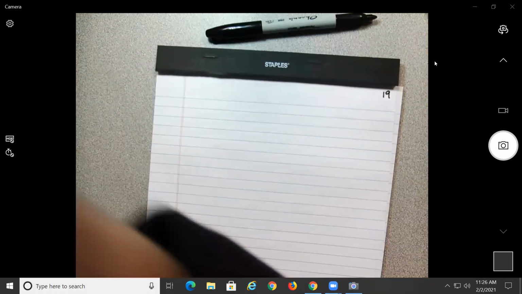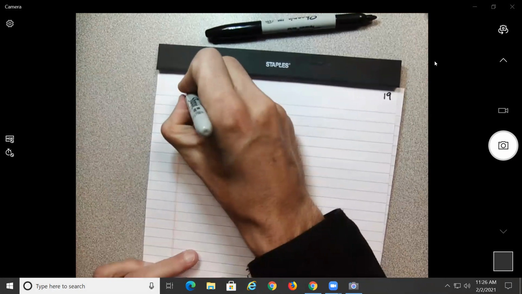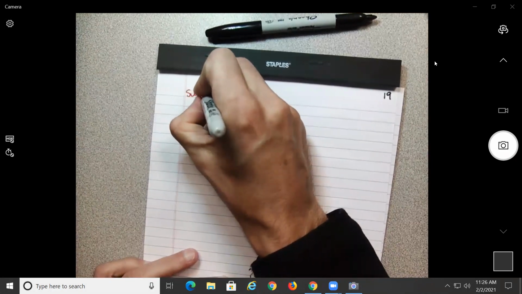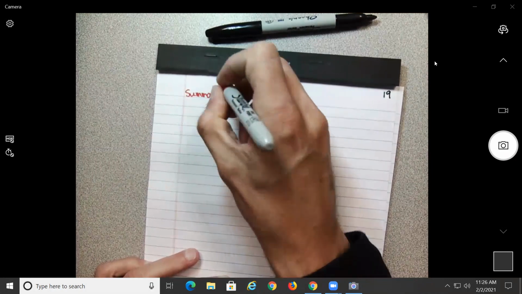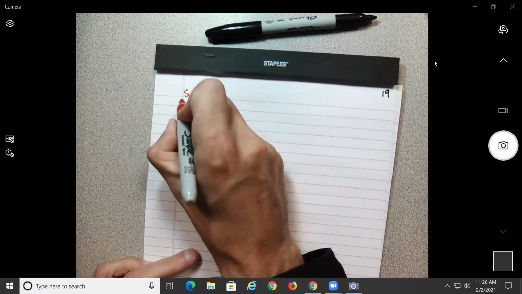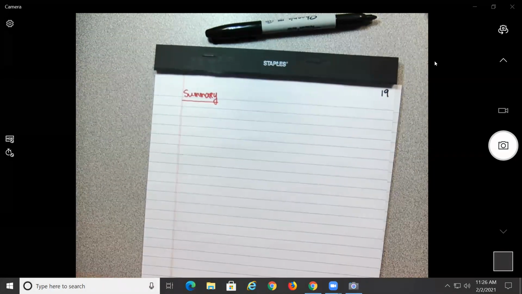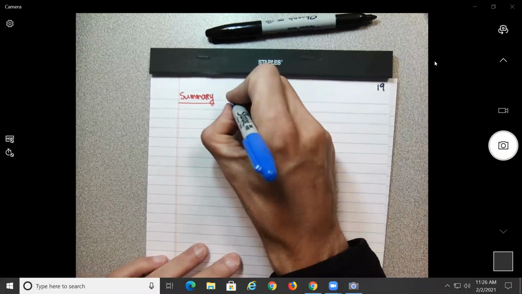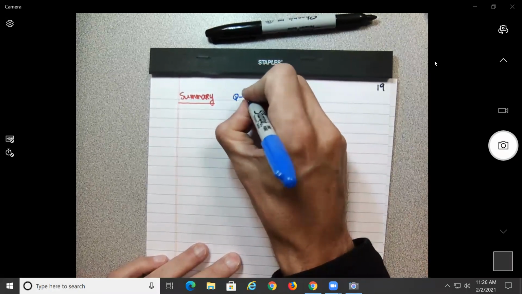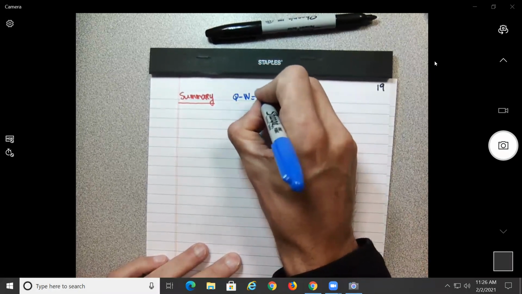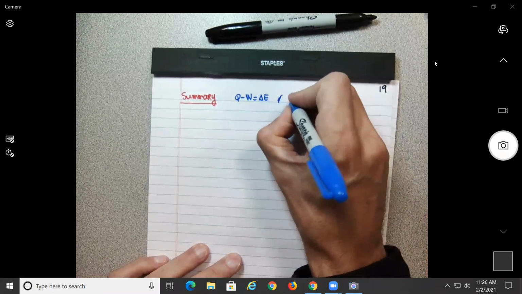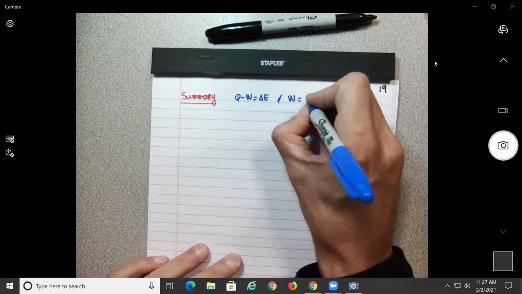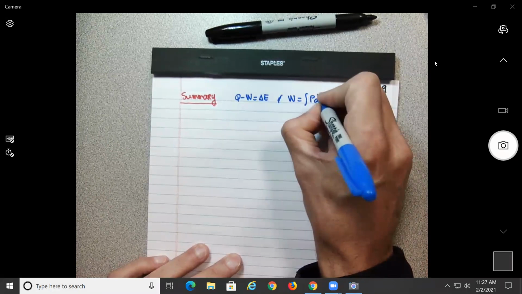So summary of equations so far. So far, really the only two equations that you need to memorize are Q minus work equal to change in energy, and that the work done by the pressure is always equal to PdV.